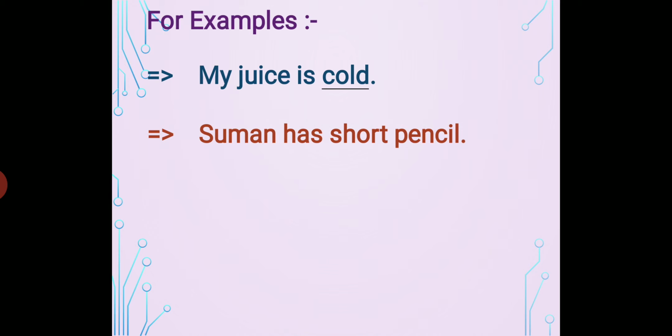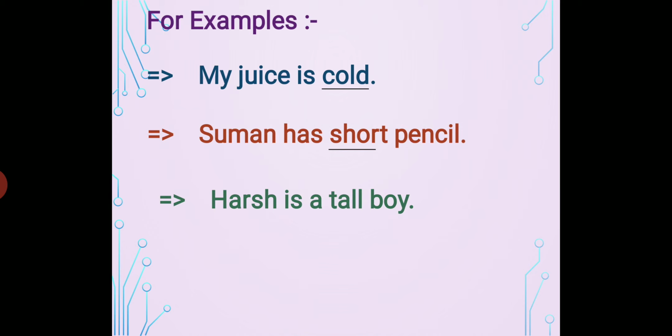For example, here, Suman has a short pencil. If we want to identify the adjective from the sentence, then we ask the question: How is the pencil? Then we get the answer: short. So short is an adjective, and short is the main form of the adjective. That's why it is also called the positive form of the degree. Next is, Harsh is a tall boy.